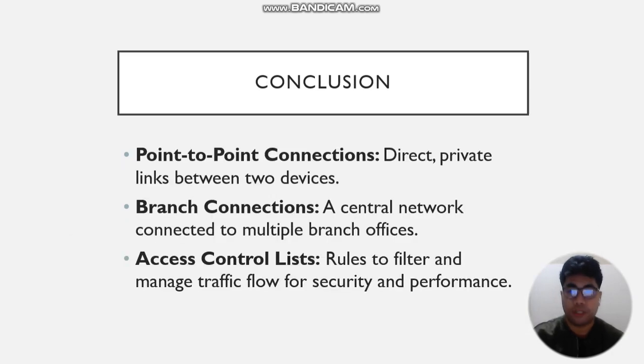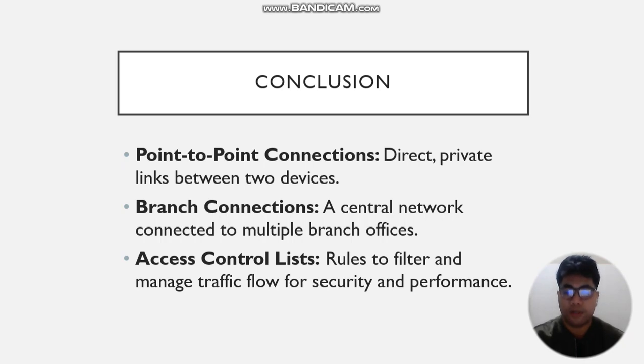Now, for the conclusion, point-to-point connections are direct and private links between two devices, whereas branch connections are a central network connected to multiple branch offices. Lastly, access control lists are rules to filter and manage traffic flow for security and performance.